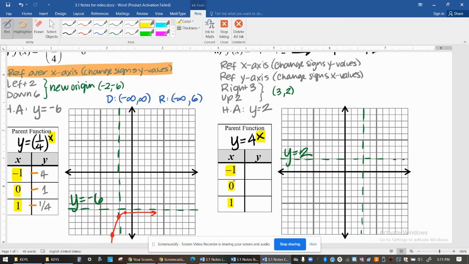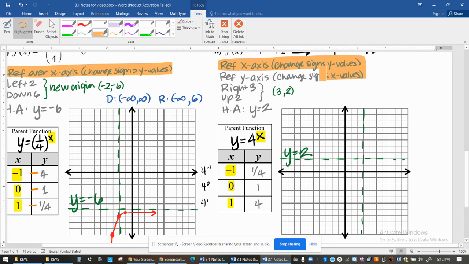So I'm just going to take the basic negative 1 to 1, and I'm going to substitute them into that parent function. 4 to the negative first power is 1/4. 4 to the 0 power is 1, etc. Now I'm going to go ahead and change the signs. Now I have to change the signs for all of them, not just the x's, but also the y's.